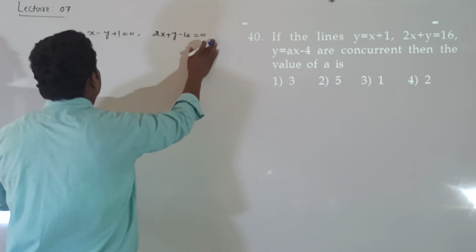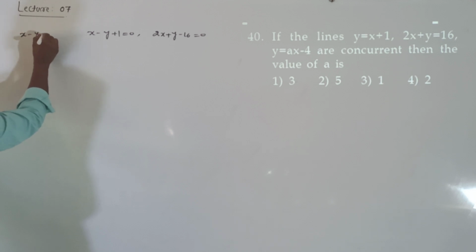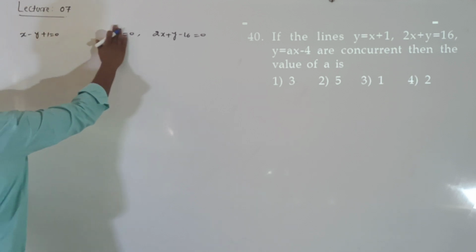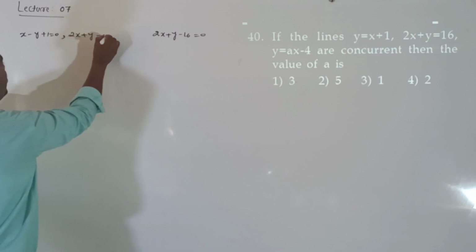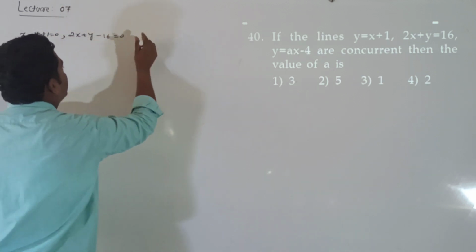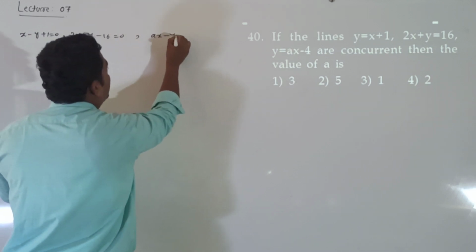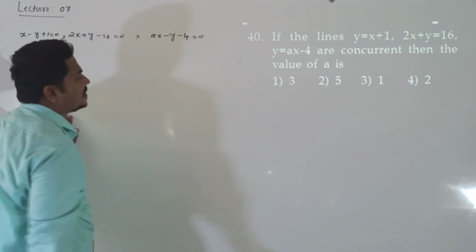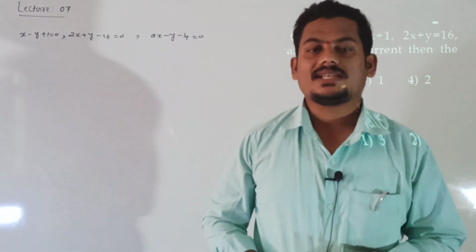And third line is ax minus y minus 4 equal to 0. First write the given three lines in the form of ax plus by plus c equal to 0.